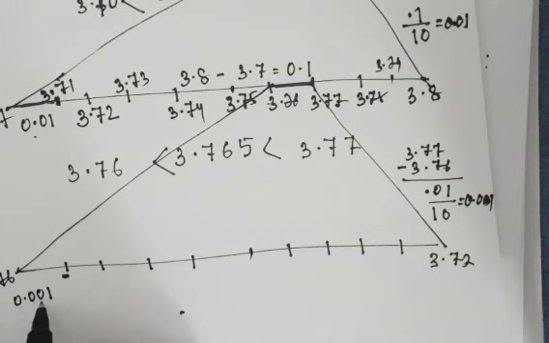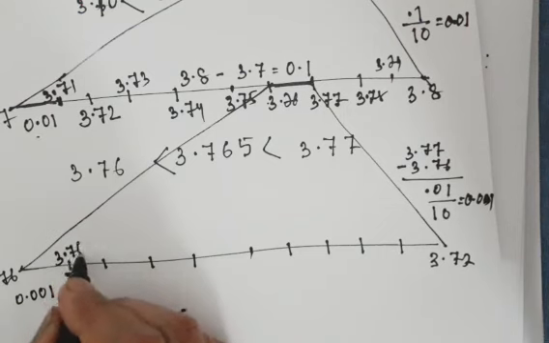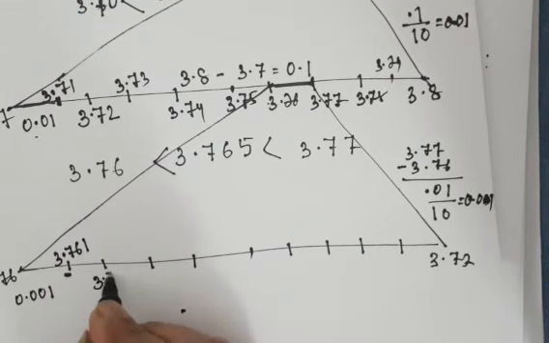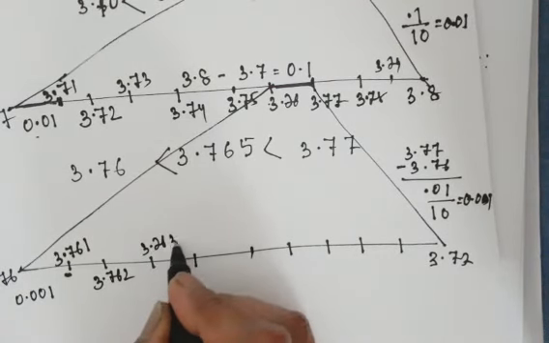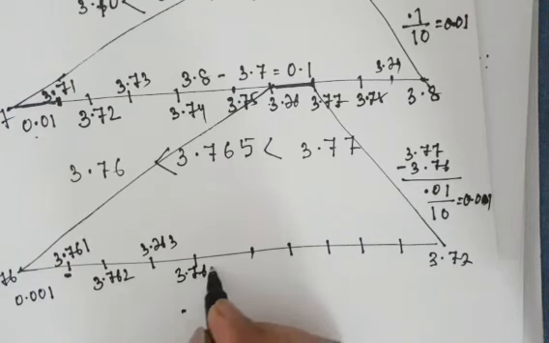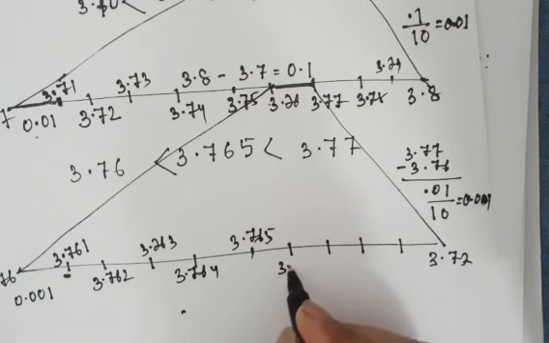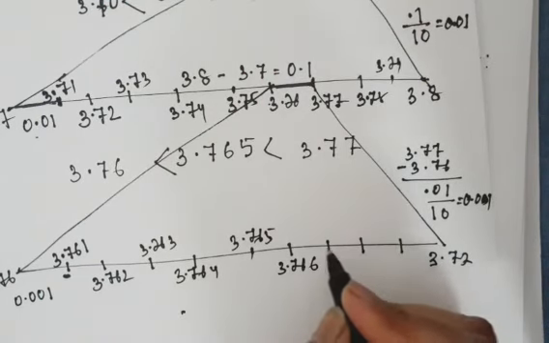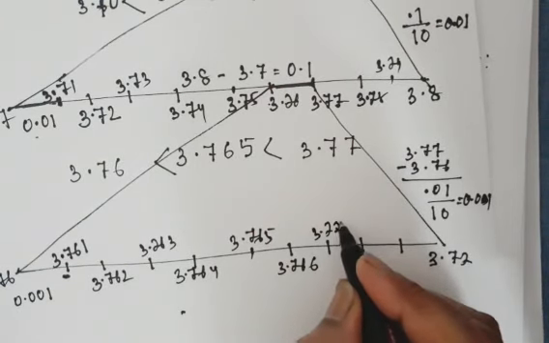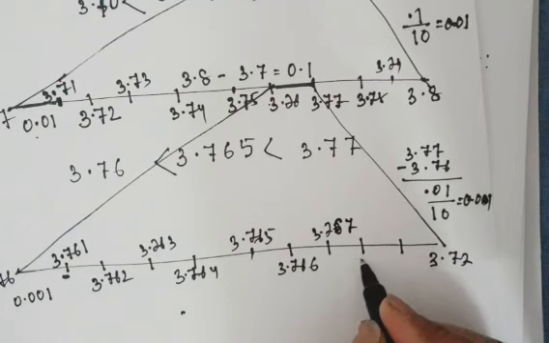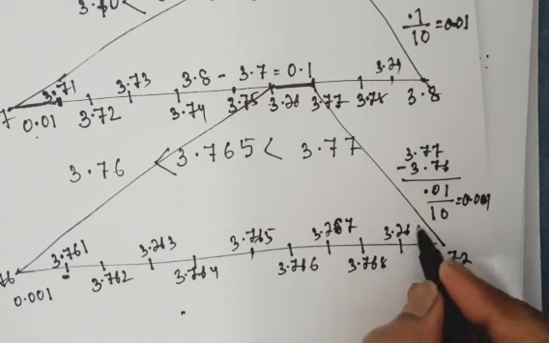If we add this to 3.76, this point is now 3.761, 3.762, 3.763, 3.764, 3.765, 3.766, 3.767, 3.768, 3.769.